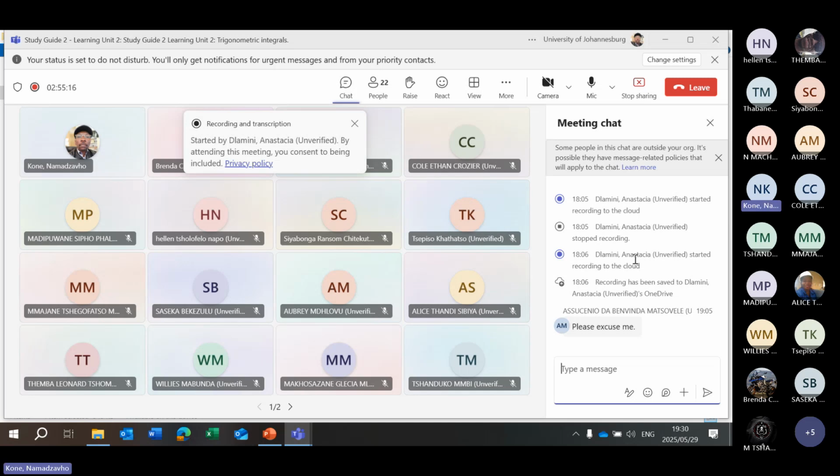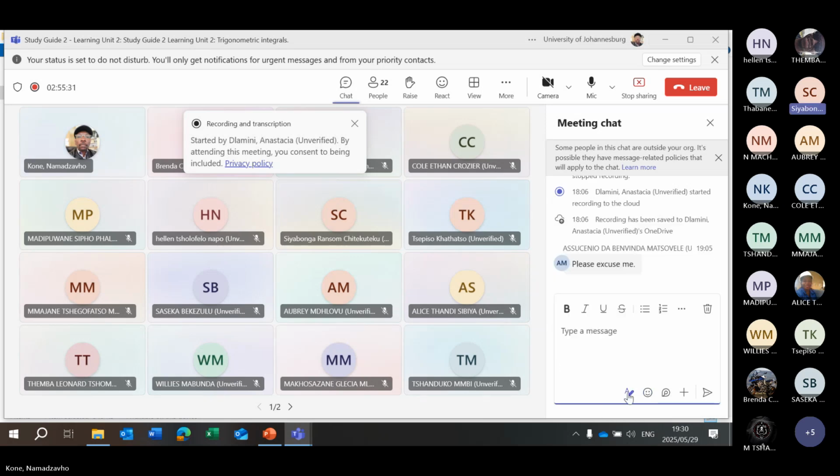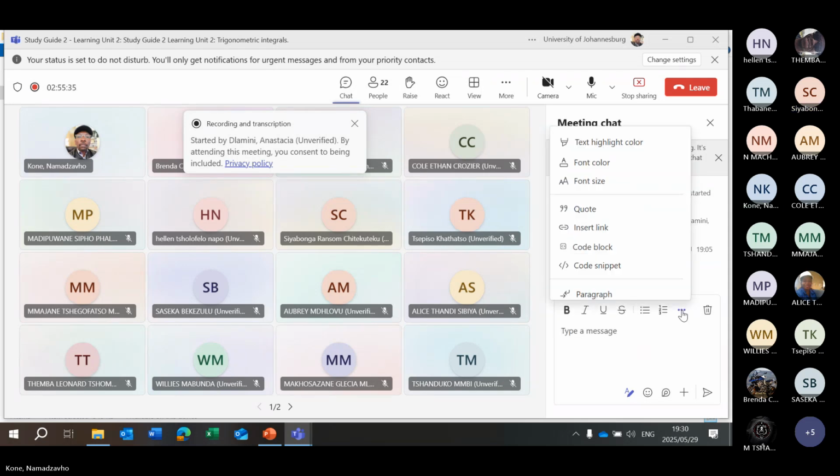Something is not right here. Sir, can you try, yes, and click on that one, the first icon there? This one. Okay, then the third one. Yeah, insert link. It will be a link, but if it's a link, will you be able to get it?